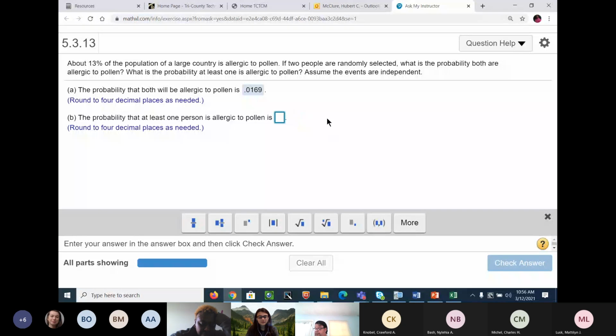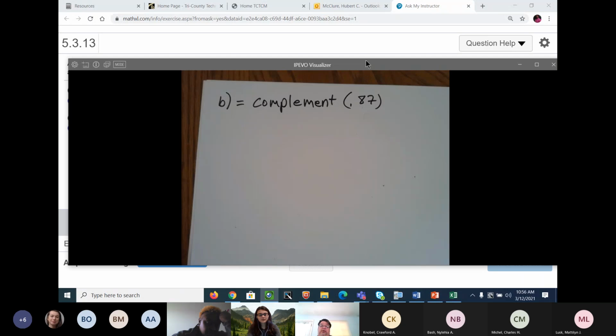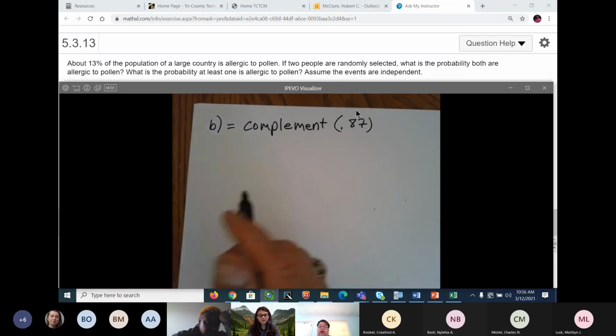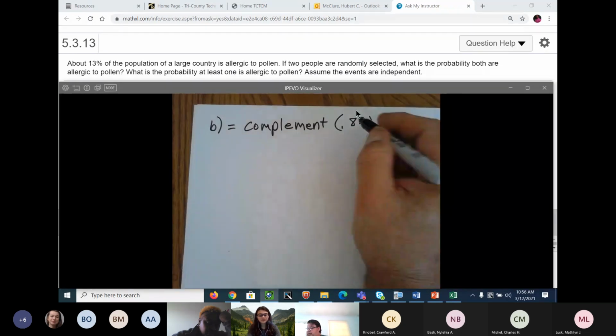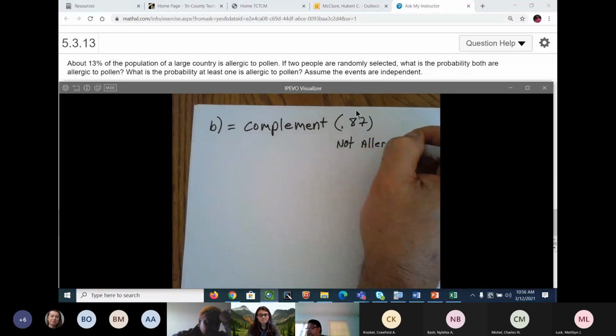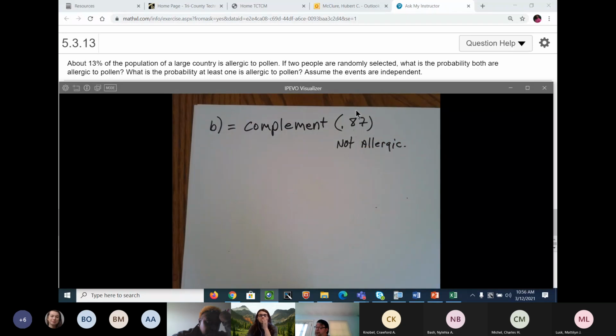Okay, let me explain it to you another way. They're using the complement in another way. They're using 0.87. Hold on, because you can do it, and the answer is a little bit different. So the complement of not allergic. Okay, the complement of 0.87 is not allergic.